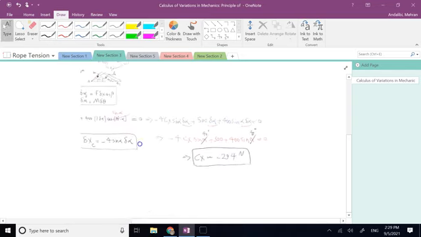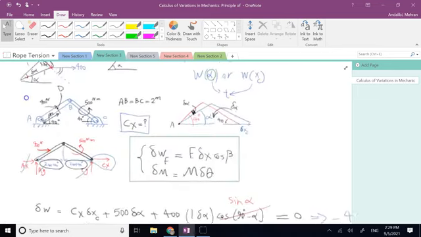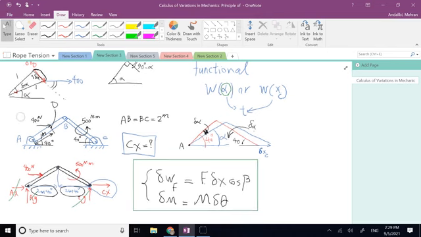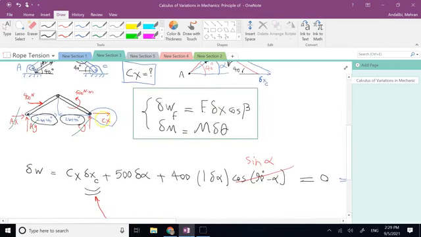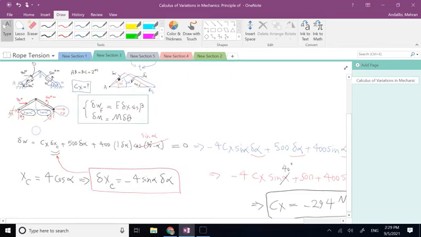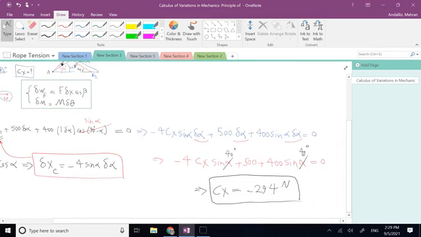So you see, I did this without solving a system of equations, which I could not even solve. If you remember, in the previous case I showed you, you have 3 equations and 4 unknowns. It's impossible to solve for Cx; it's statically indeterminate. But now, by the principle of virtual work, I only had to solve 1 equation with 1 unknown, and that unknown was what I needed.